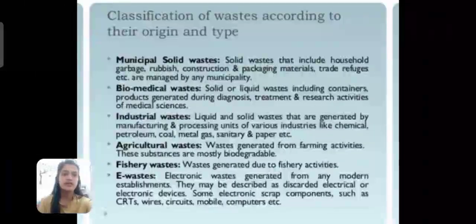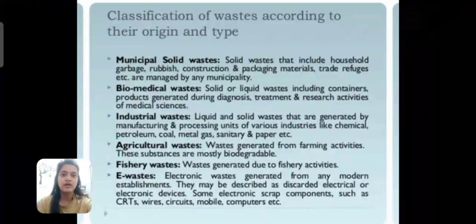Classification of waste according to their origin and type. Municipal solid waste includes household garbage, rubbish, construction and packaging materials, refuse, etc., and is managed by a municipality.